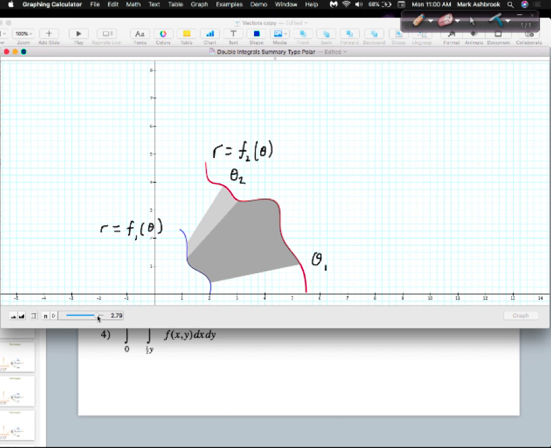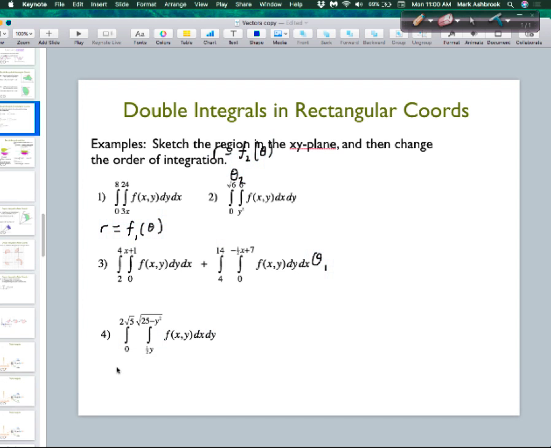So the order here is r and then theta. R and then theta is our typical order for polar, and that will be the only order for polar, right? Theta first, then r was not convenient. Okay? So let's summarize that.